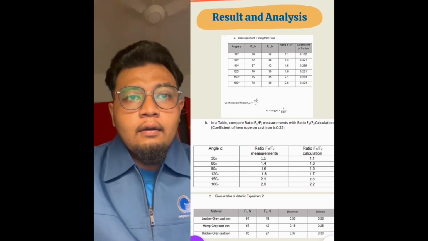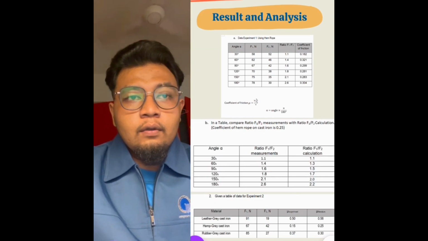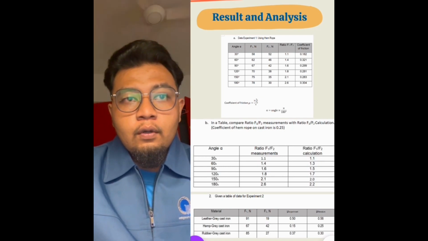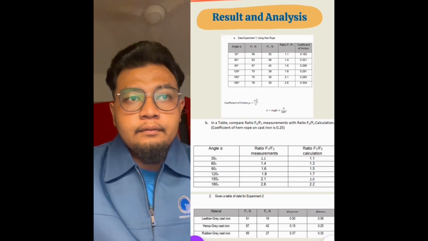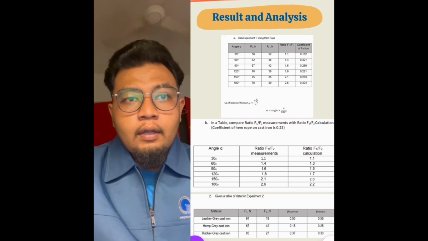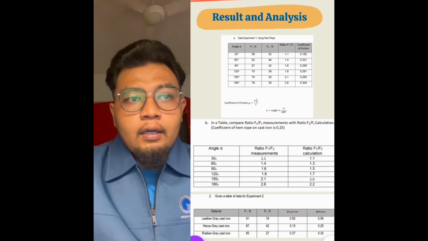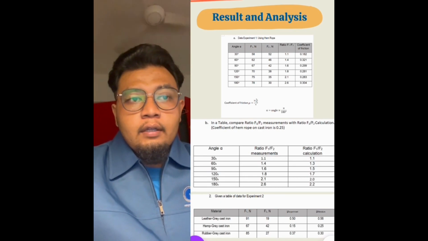The formula for the coefficient of friction is mu equals ln of F1 over F2, divided by alpha in radians. As an example, the COF for leather is 0.50 and rubber grey is 0.37.